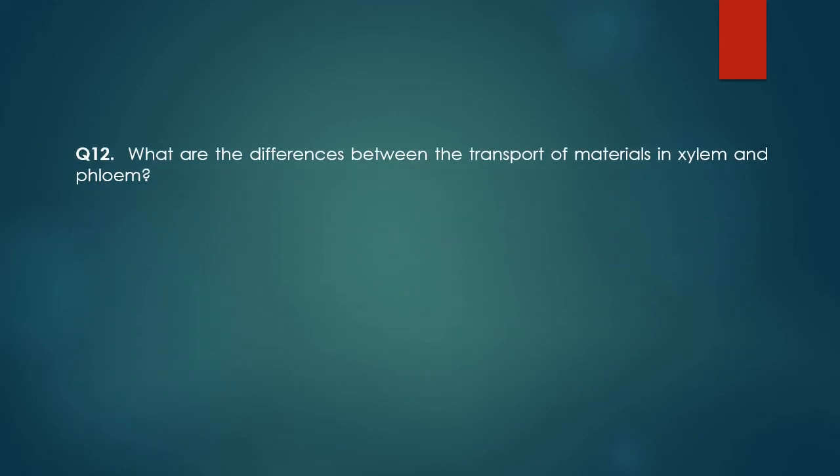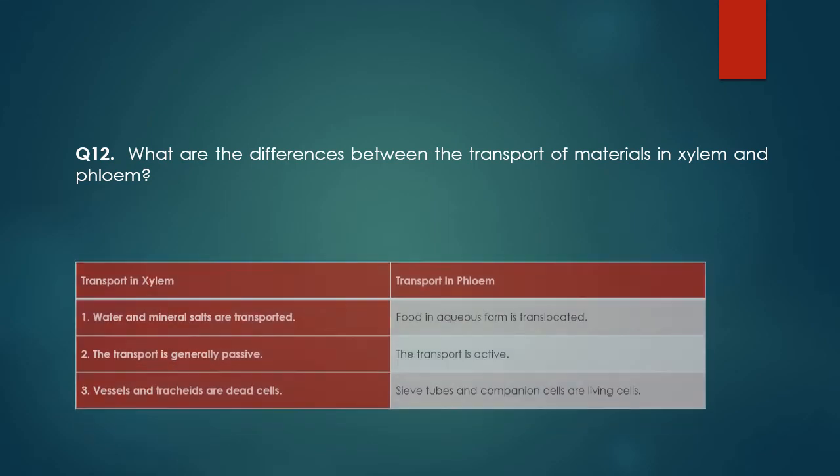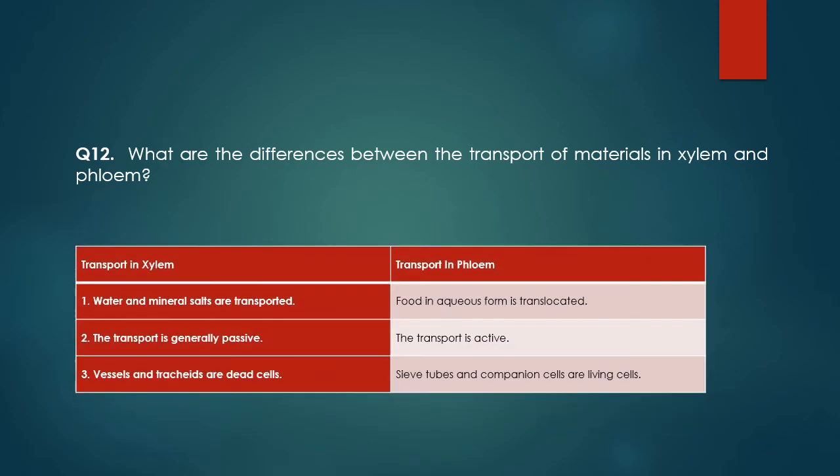Question 12. What are the differences between transport of materials in xylem and phloem? Always write differences with a column, never forget. Transport in xylem: water and mineral salts are transported.